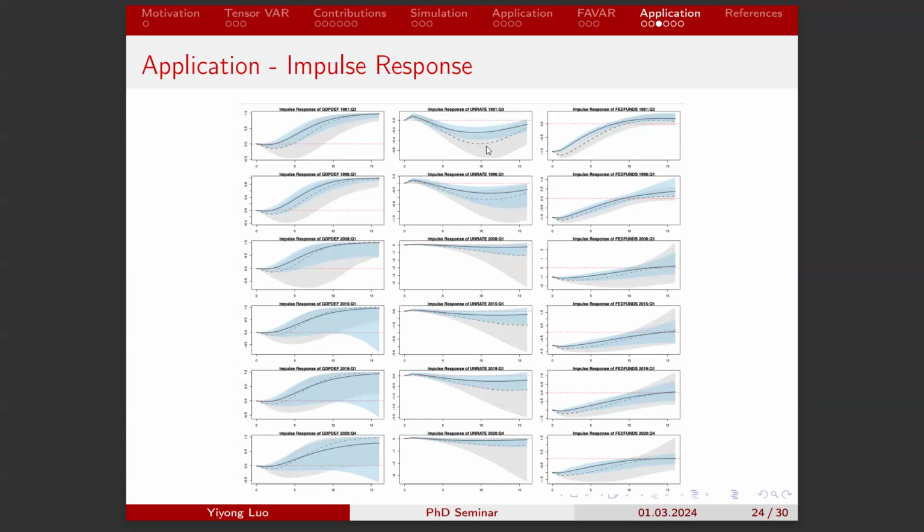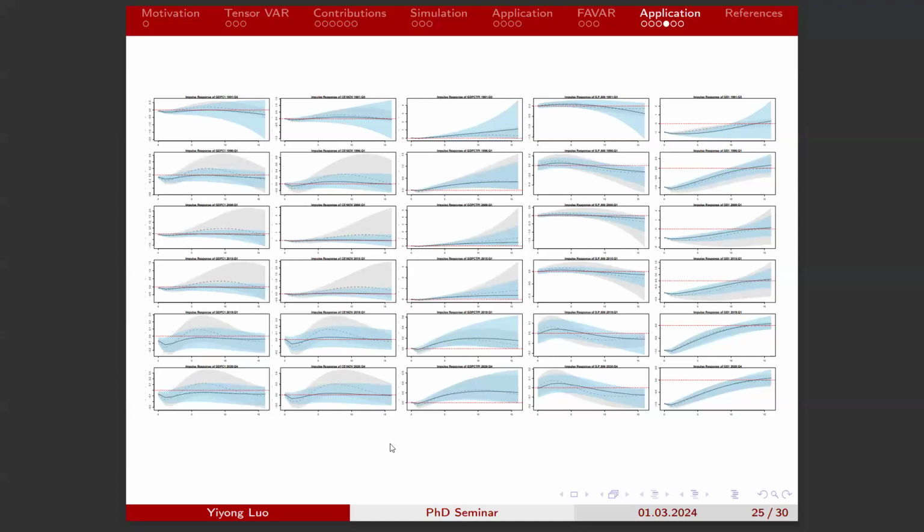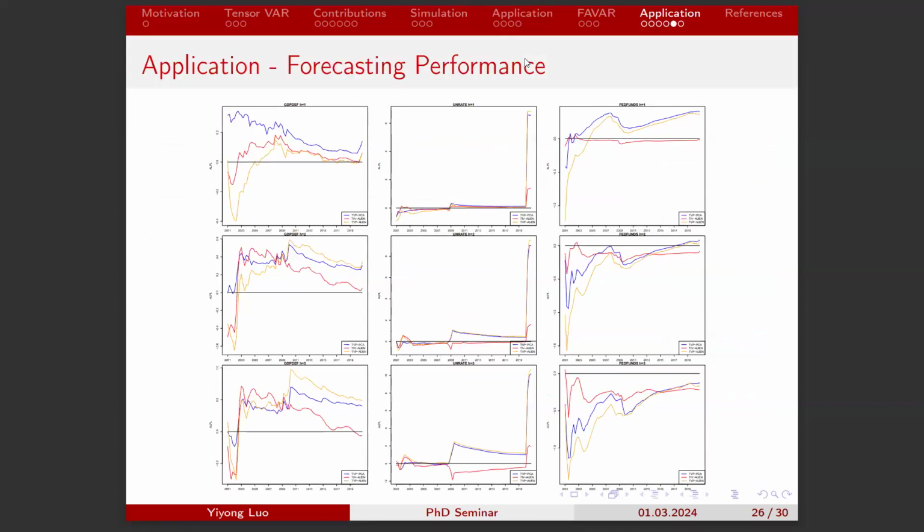For example, the oil recession, the financial crisis in 2008, and 2020 for the pandemic. I don't have too much time to show you the impulse response to the Xt, so I will just skip it. Okay, so here is some forecasting performance.